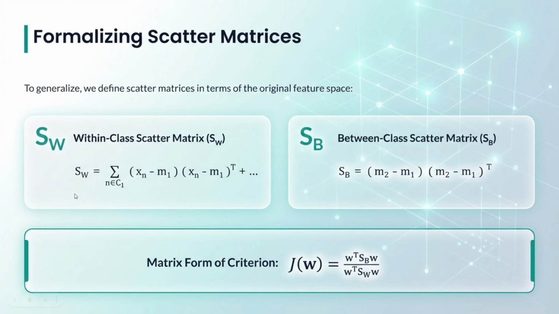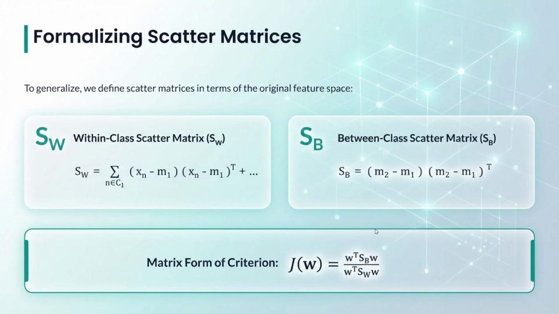We are finding SW for a particular class, and SB is the between class scatter matrix, which is the difference between the means of the two classes. Then we put them together here: W transpose SB W divided by W transpose SW W.